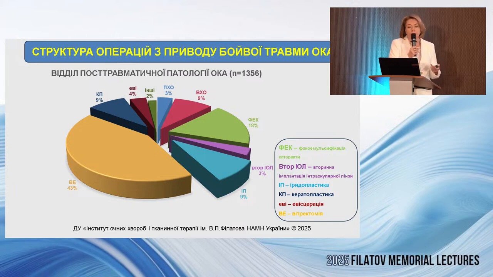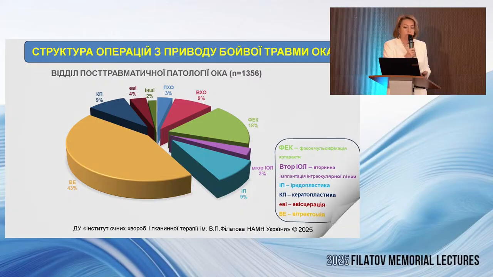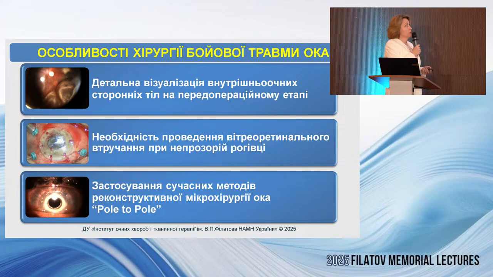Other interventions are phacoemulsifications, iridoplasties and keratoplasties. And now we are dealing with such complex cases as previous speakers reported, and as Natalia Ivanivna mentioned in her report on binocular eye trauma.